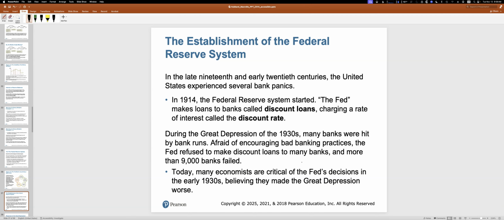So again, 1914, we get the Federal Reserve. It didn't do very much until really after the Great Depression. Now, as the bullet point highlights here, many economists are critical of the Fed's decisions in the early 1930s.